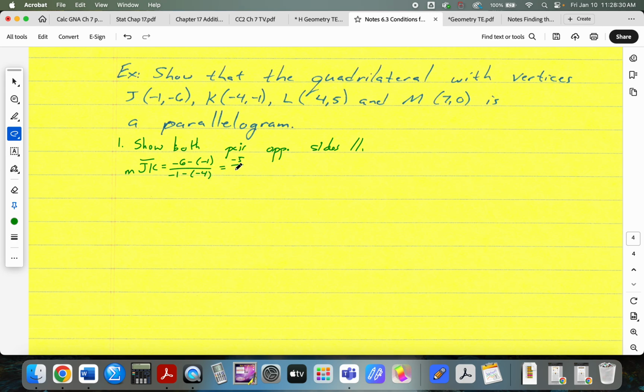So it's -5/3. And then the slope of LM, I'm assuming that they gave these to me in consecutive order, is going to be 5 minus 0 over 4 minus 7, which is 5 over -3. So I know that JK is parallel to LM.